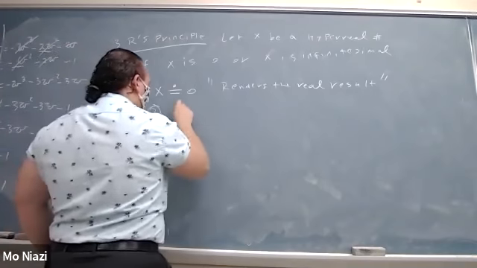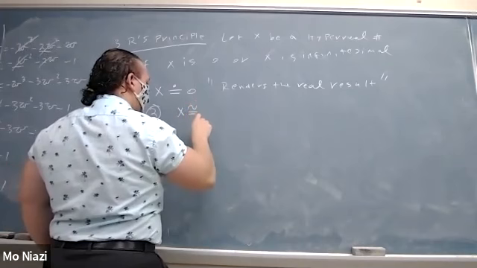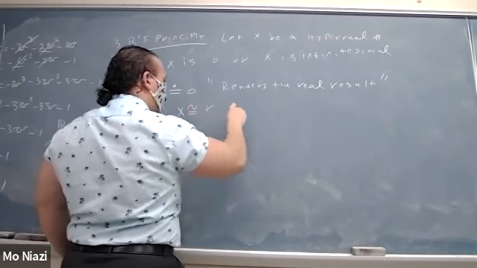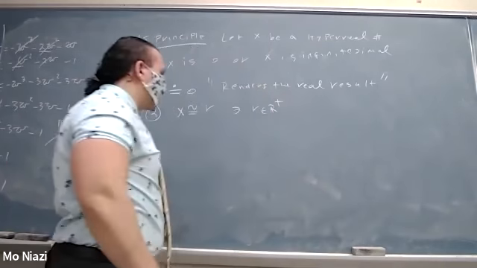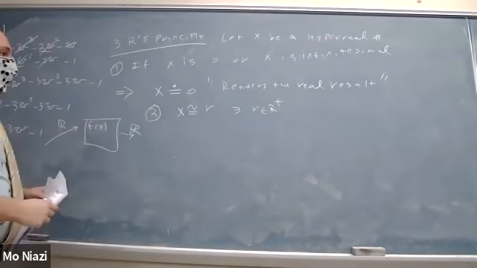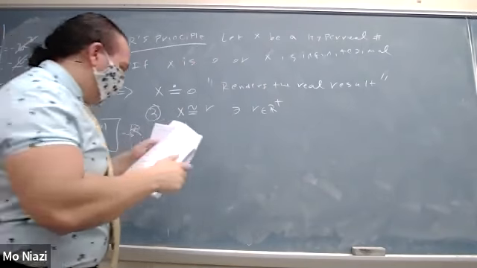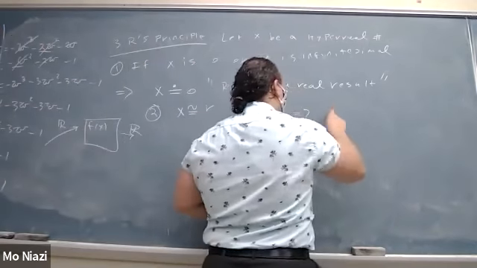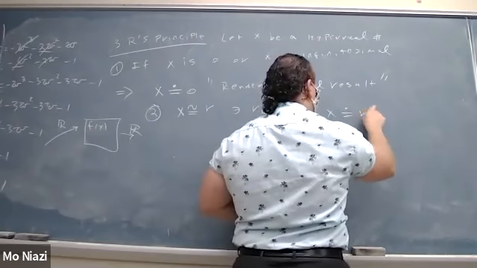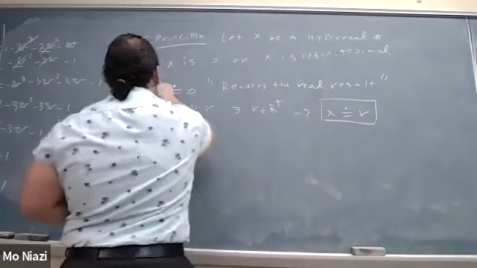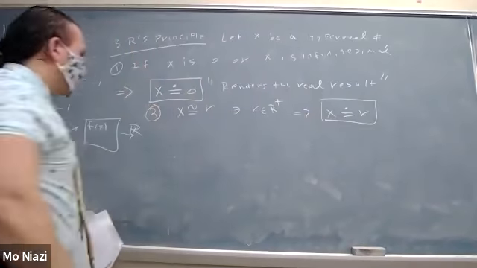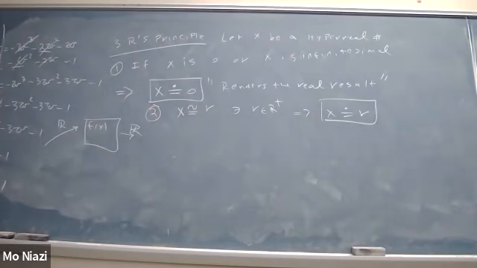If X is approximately a real number R, such that R is an element of the positive reals, for instance, what does it render? Well, it renders the real result itself. So this was an example of that right there.